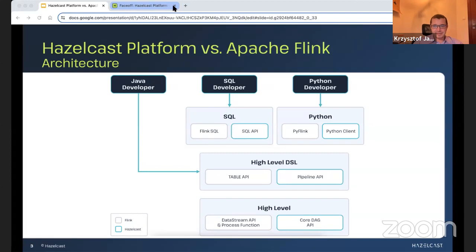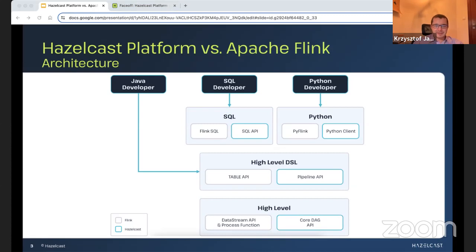This is a very similar algorithm. And thanks to that, we can provide fault tolerance and exactly-once or at-least-once processing guarantees. So you don't have duplicates or lose any messages.